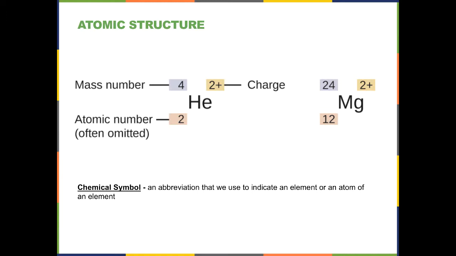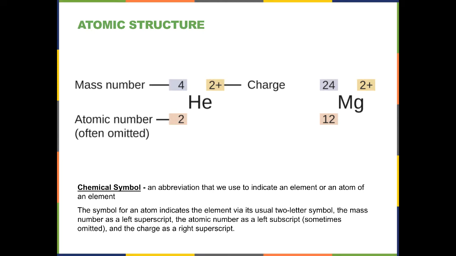It has a positive charge of 2, and therefore, if you subtract 2 from 12, you know that you have 10 electrons, or 2 extra protons, giving it the positive charge of 2. The symbol for an atom indicates the element, and it's usually a 2-letter, although some are 1-letter symbols. The mass number is, again, the left superscript. The atomic number is the left subscript, and the charge is the right superscript.